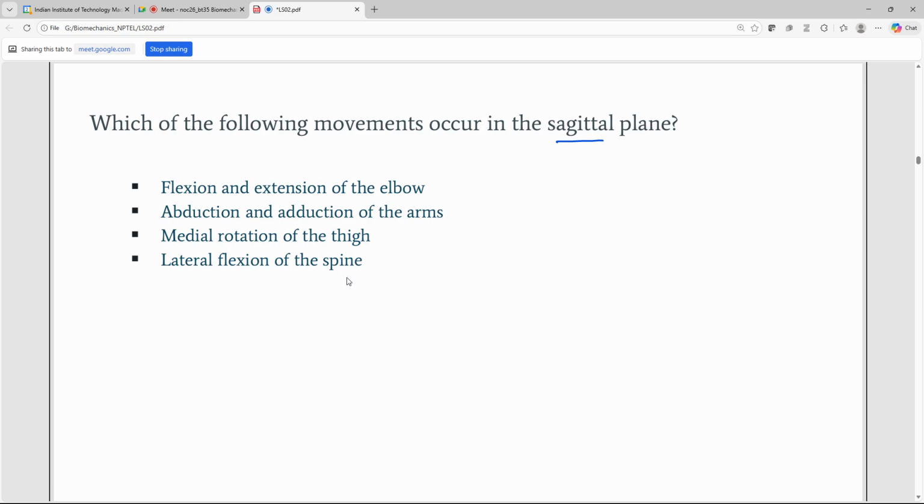So which of the following movements occur with reference to the sagittal plane? You can inbox your answers.